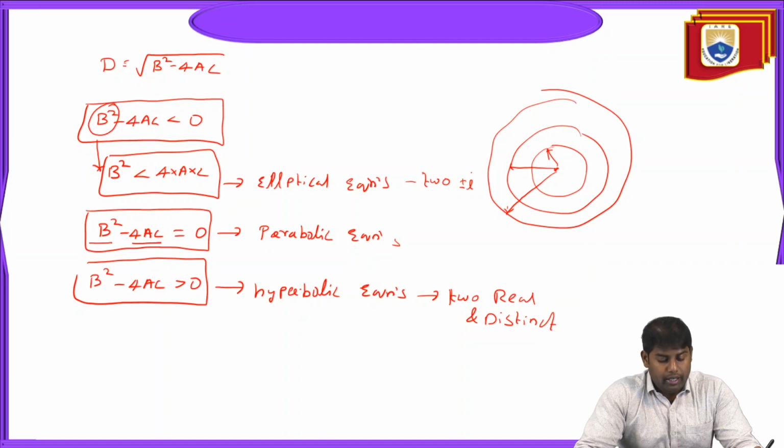When I say the parabolic equation, the discriminant is equal to 0. Then we have one distinct root, and here it is near sonic actually. So basically the transonic problems, whatever the zones we say, lower subsonic, higher supersonic, these things will come into picture.